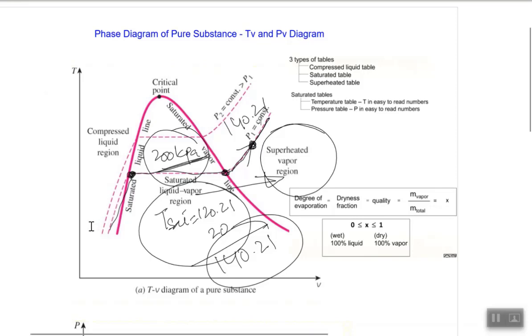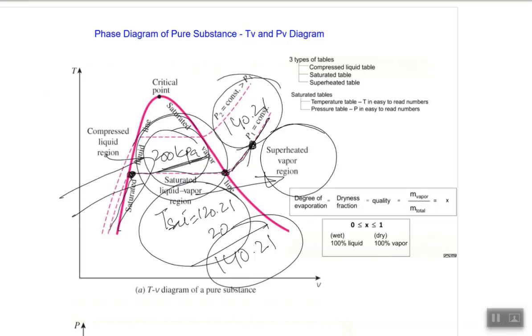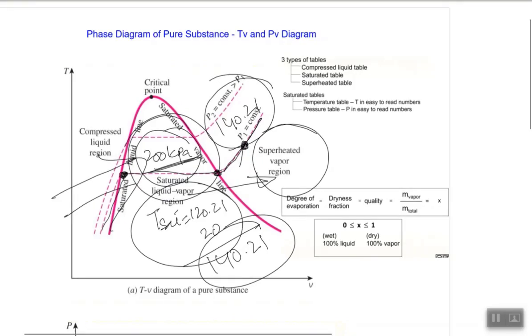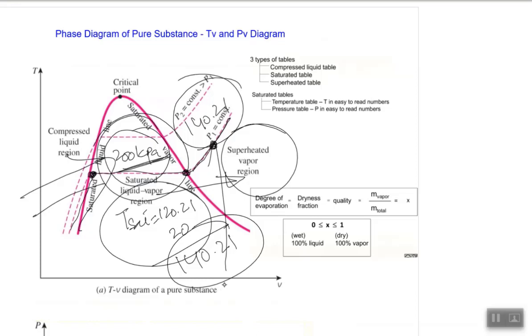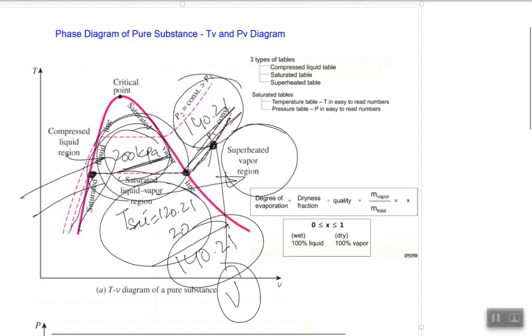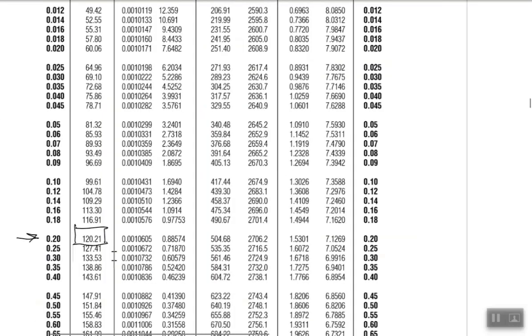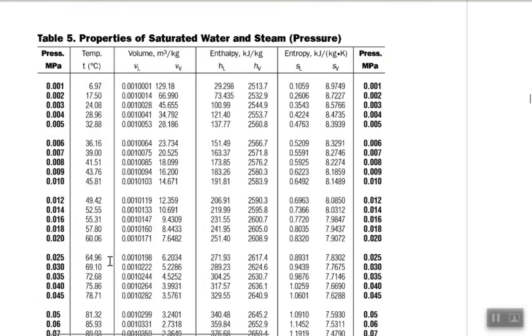Now the next thing is we have to go to the superheated region at 200 kPa and 140.21 degrees centigrade. We have to find the volume of the vapor, the specific volume of the superheated vapor.